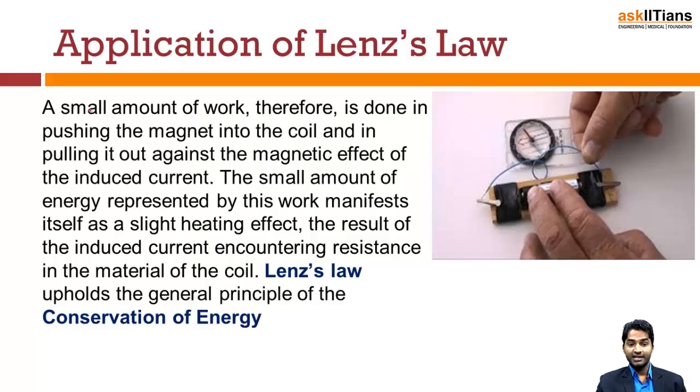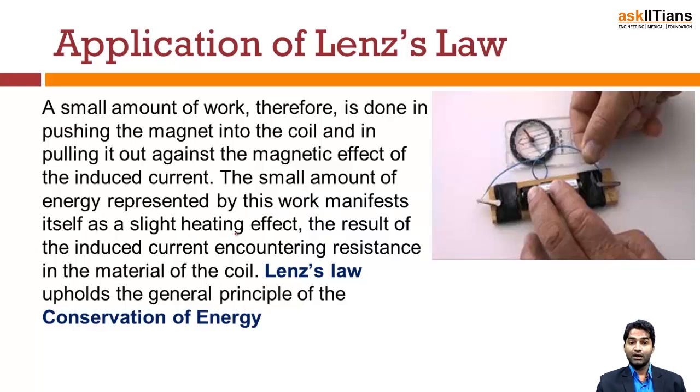So a small amount of work is done in pushing the magnet into the coil and in pulling it out against the magnetic effect, and this causes induced current in the secondary coil.